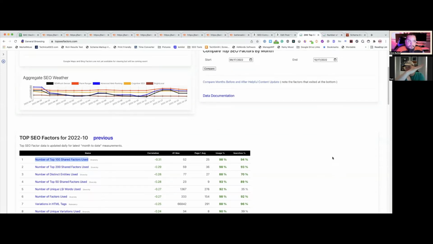And the less of it you have, the worse your ranking gets. And so the correlation coefficient is negative because it describes the trend line, which has a negative slope. And so the correlation coefficients, they range from +1 to -1. And for most SEO factors, the closer to -1 it gets, the better it is, the stronger the factor is.